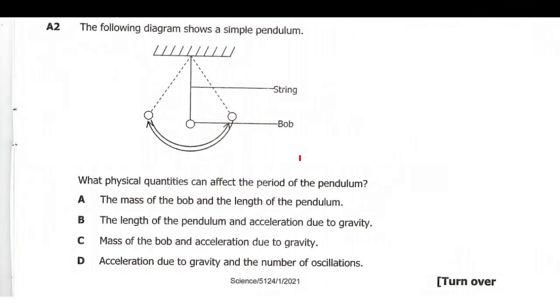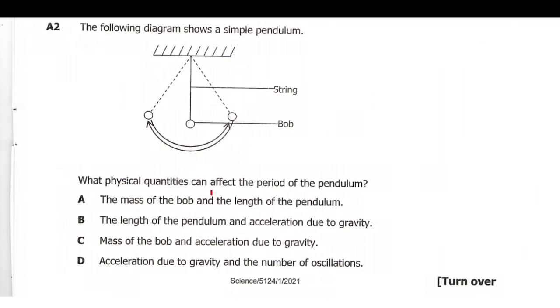Then let's go to 2. 2 reads, the following diagram shows a simple pendulum. So we have a bob here swinging this way and coming back. Then the string there. Then they are saying, what physical quantities can affect the period of the pendulum?